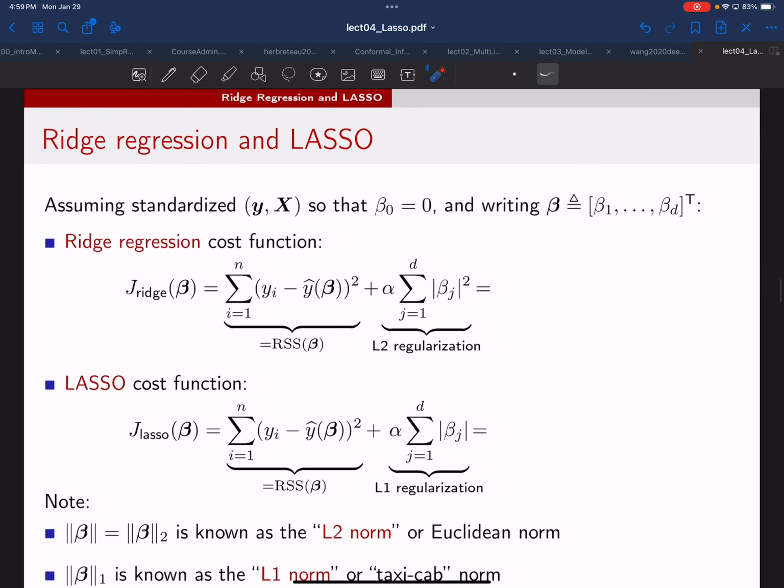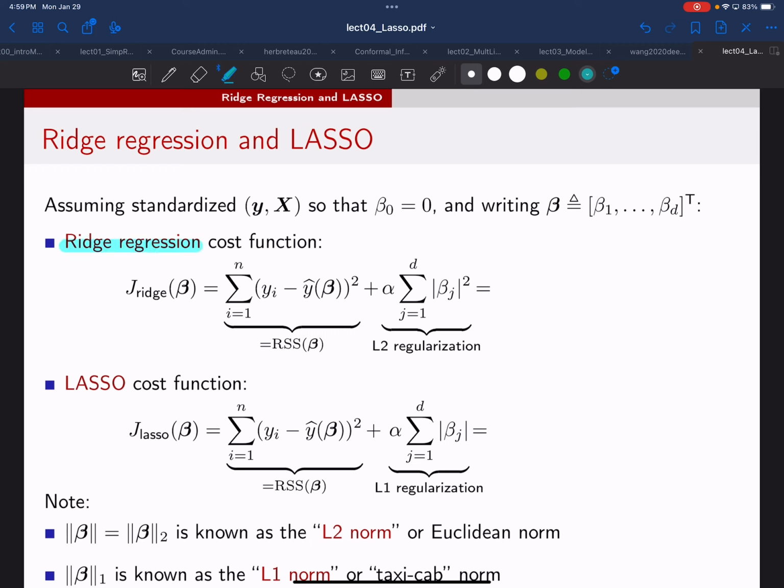Okay. All right, so we talked about the regularizations individually, and we talked about our RSS cost. And here you can see we're explicitly adding them to get two versions of an overall cost, RSS plus regularization, that have particular names in the literature.